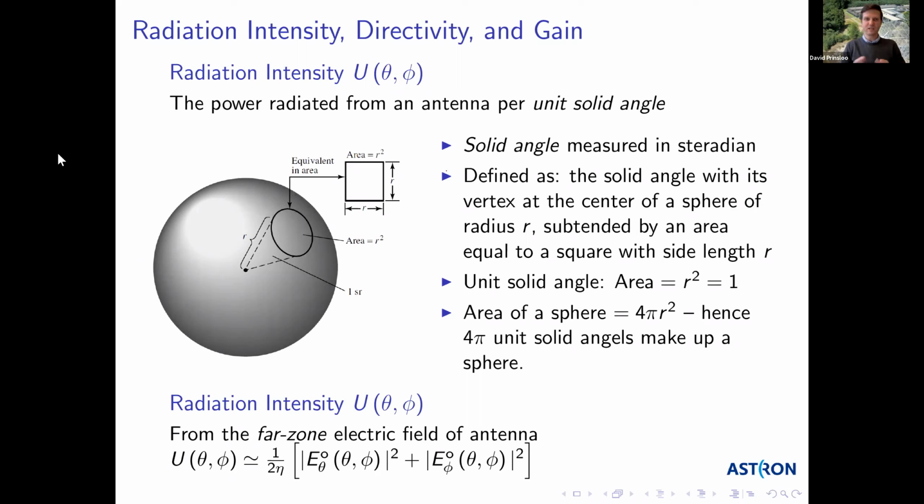The concept of the radiation intensity is that you want to explain the amount of power that is radiated in a particular direction. So we know that we can define the electric field in a certain direction, but now the question comes, okay, how much power is actually radiated in that direction?